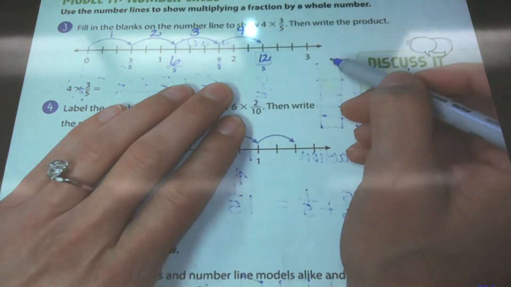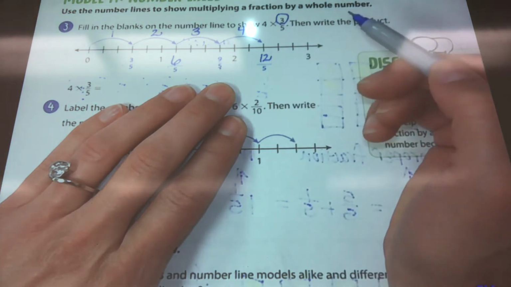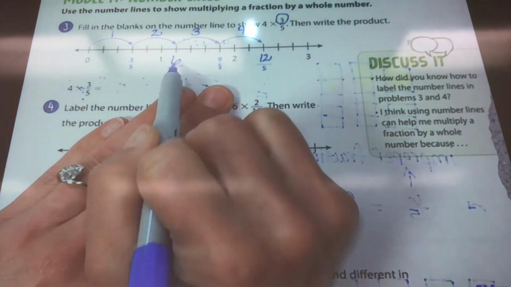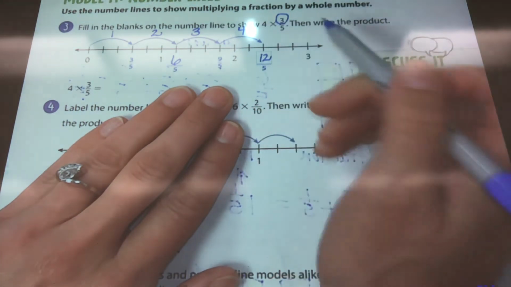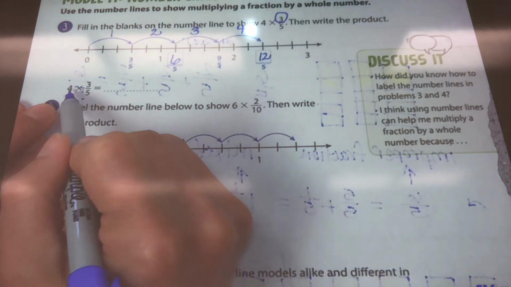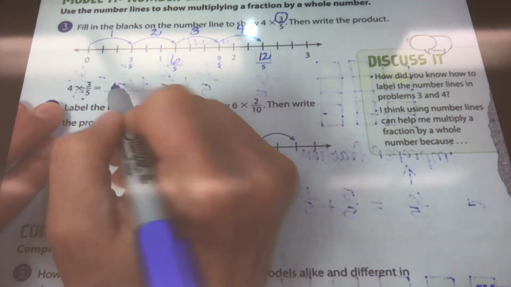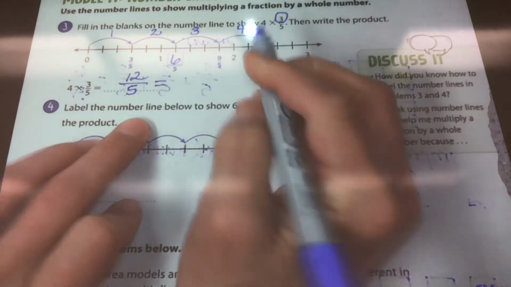What I like about looking at it this way is I can see that I'm actually counting by multiples of 3. You catch that? We're at 3, 6, 9, and then 12. And that's really what 4 times 3 is. It's 12. And so if we just solve the problem through standard algorithm, we would have 4 times 3, which is 12 over 5. And then we need to decompose that.